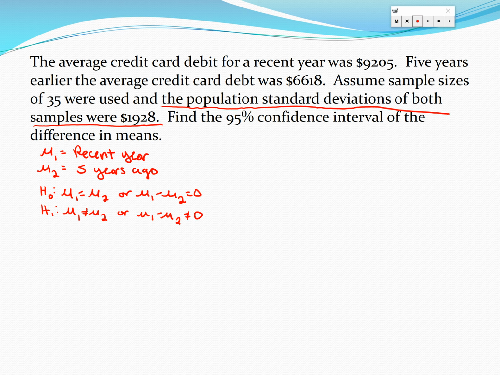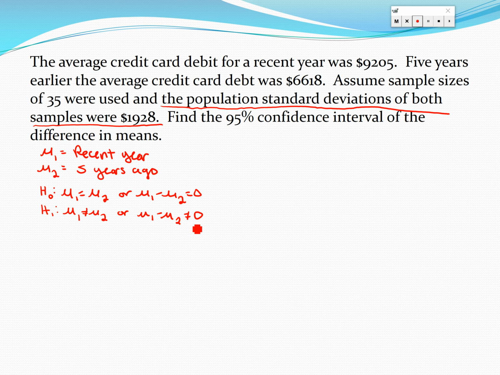Writing them the second way makes it a little bit more clear what your difference is, versus mu sub 1 equals mu sub 2. So just a suggestion, you might want to go the second way when you're looking at confidence intervals.